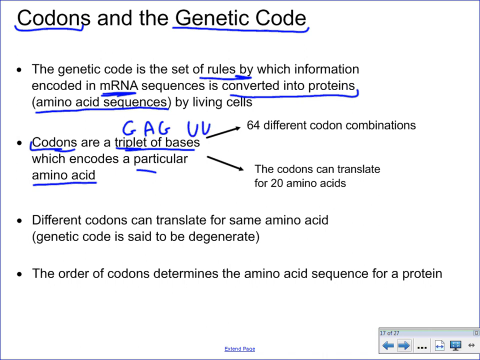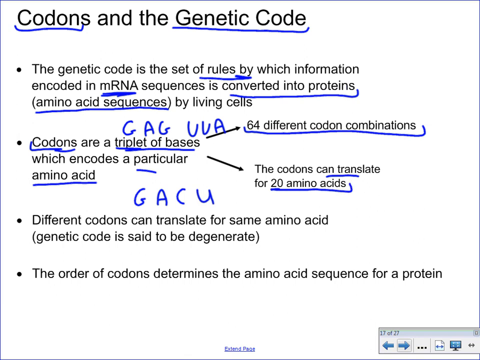Or if you have UUA, that will encode for a different amino acid. Based on the fact that we can have G, A, C, and U as our letters in any arrangement of triplets, this will give rise to a total of 64 different codon combinations. Even though there are 64 different codons, those codons translate for 20 amino acids.